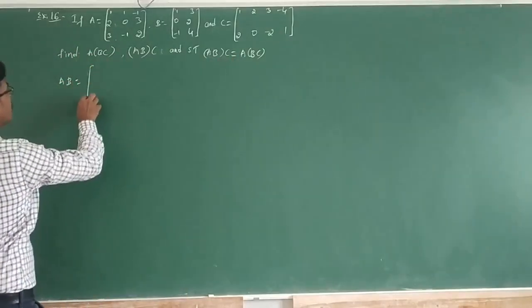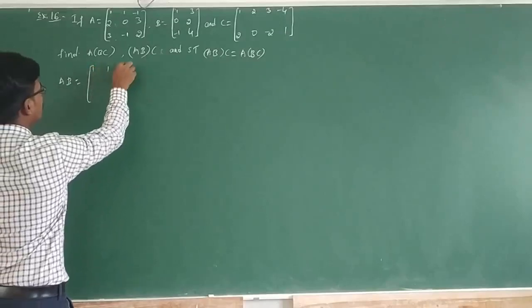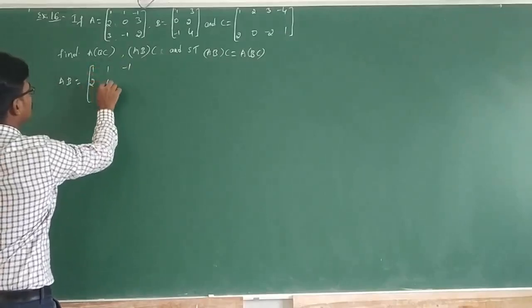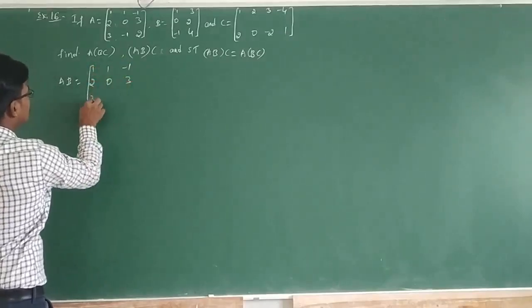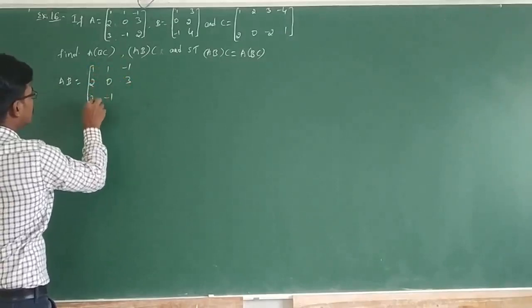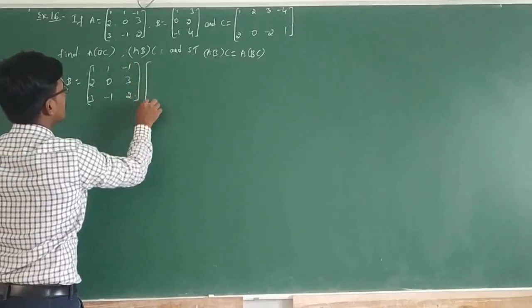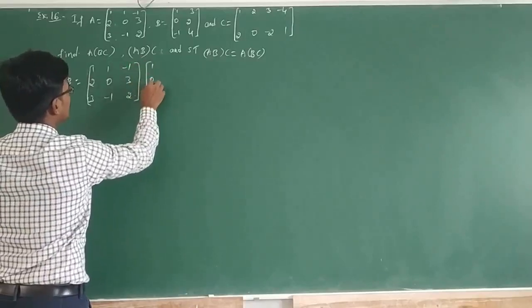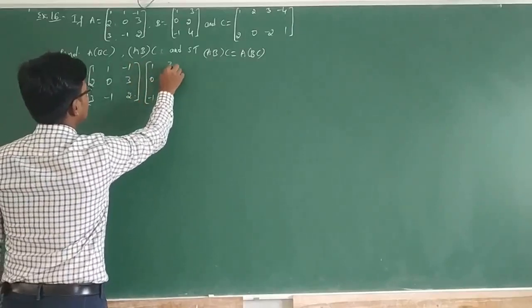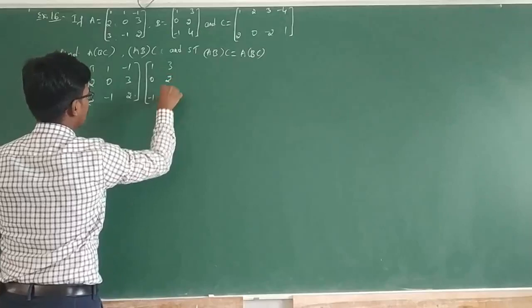Matrix A is 1 1 minus 1, 2 0 3, 3 minus 1 2. Matrix B is 1 0, minus 1 3, 2 4.